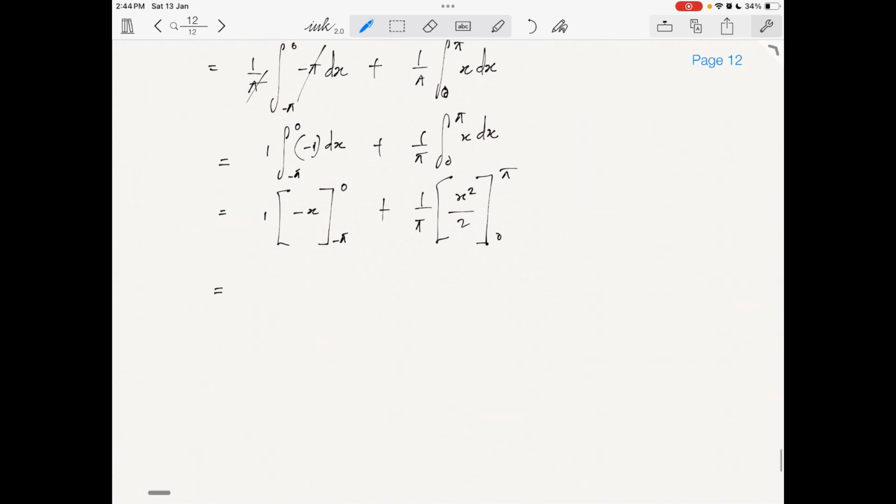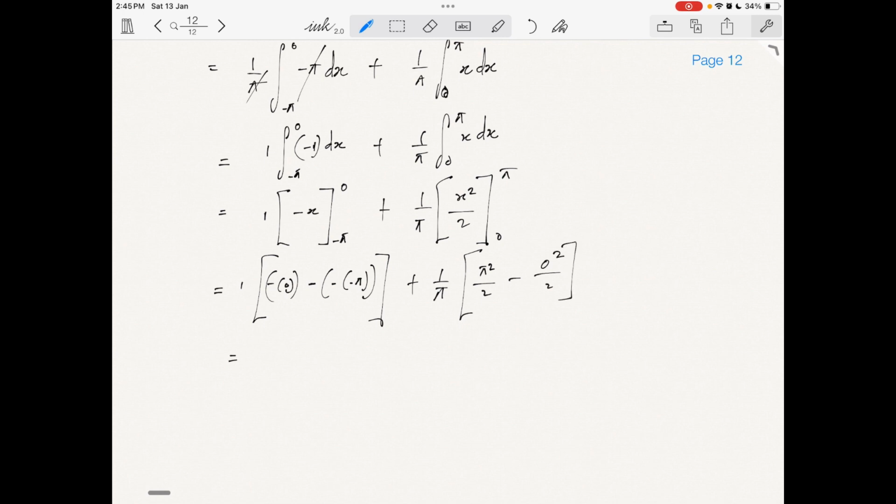So we have upper limit minus lower limit: our upper limit is 0 minus our lower limit, which is minus pi. We also apply our upper limit, which will be pi squared over 2, and the lower limit will be 0 squared over 2.